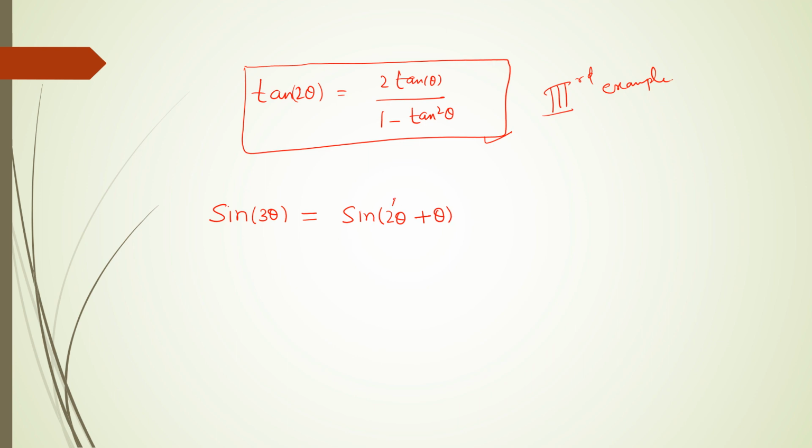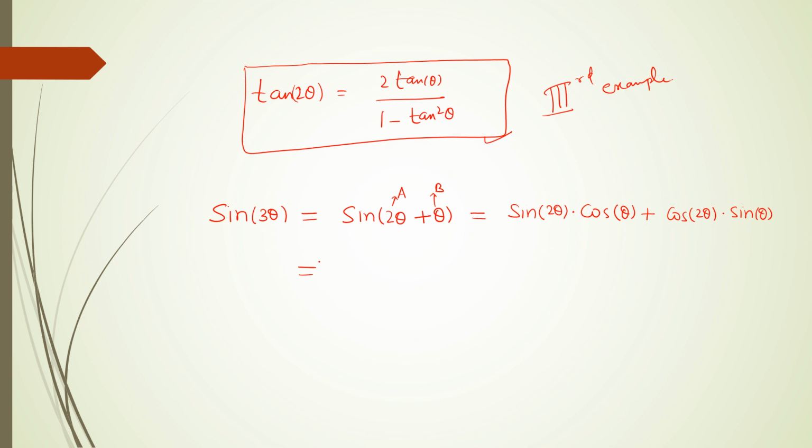This becomes A, and this becomes B. So sine of A plus B is sin A cos B plus cos A sin B. A is 2 theta, B is theta. So we get sin 2 theta into cos theta plus cos 2 theta into sin theta.